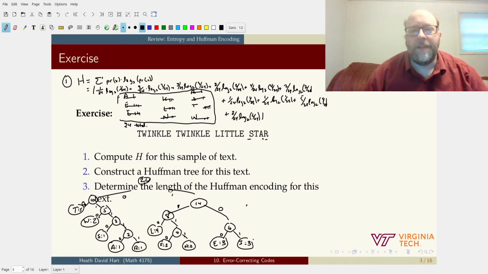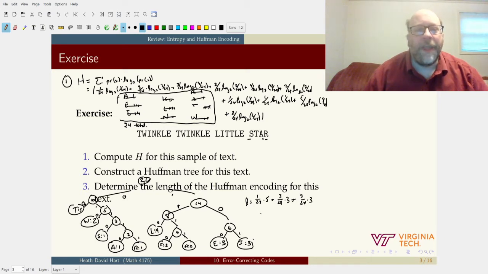And so the length in this case is going to be, for A, 1 over 24 times 5. For E, it's 3 over 24 times 3, is it? All right, 1, 0, 0. And then for I, it's 3 over 24 times 3.